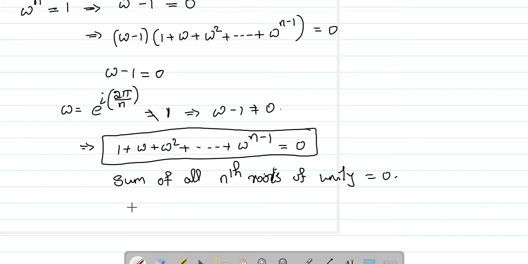And of course you can write omega plus omega square plus and so on plus omega power n minus 1. Now this is going to be minus 1, when you take 1 to the other side.